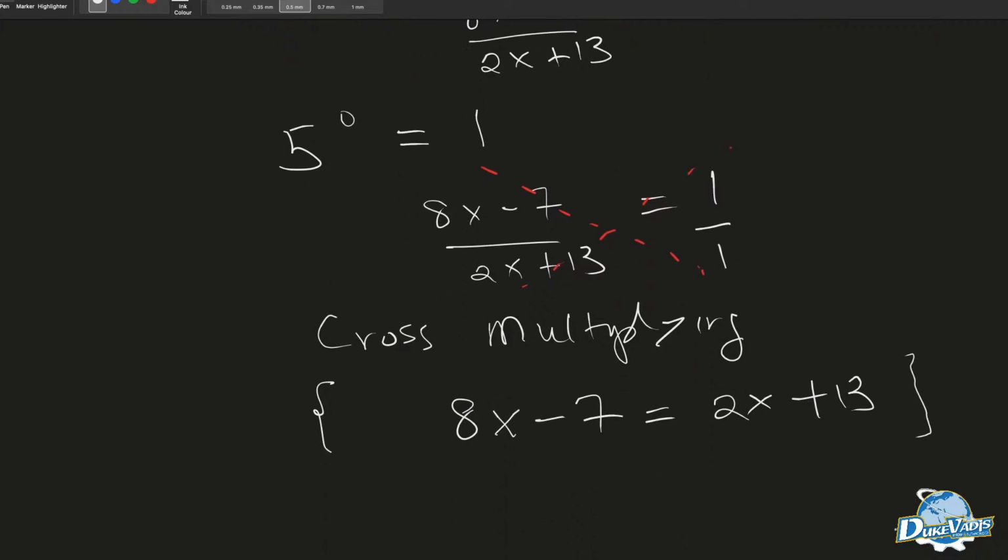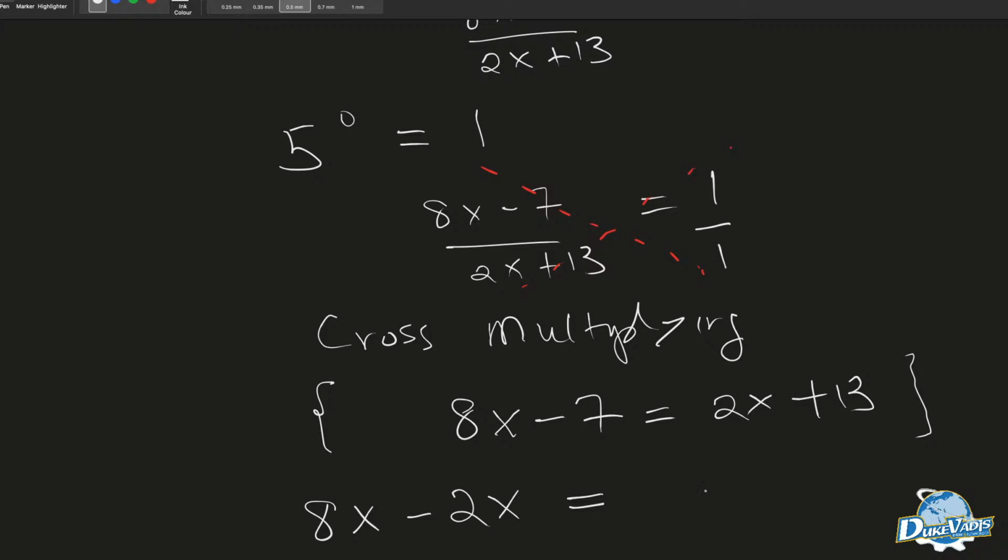So let's group the like terms. We see that in an equation, as we said earlier, whatever you do to the left, you do the same to the right. So when I move 2x from both sides, I'm going to get 8x minus 2x.